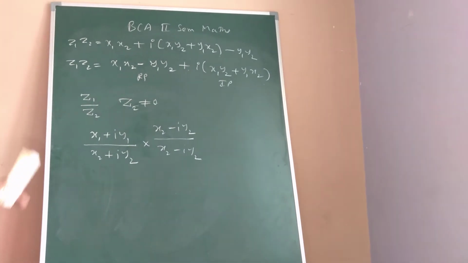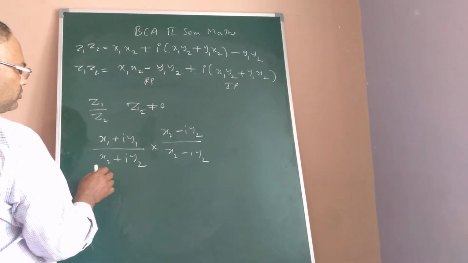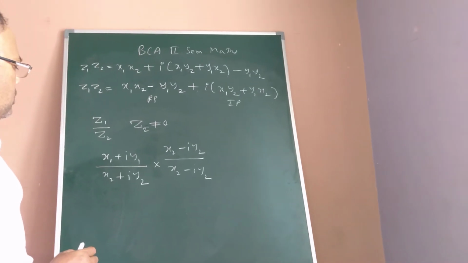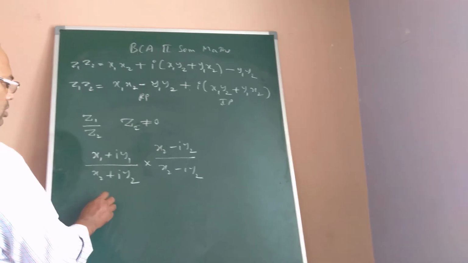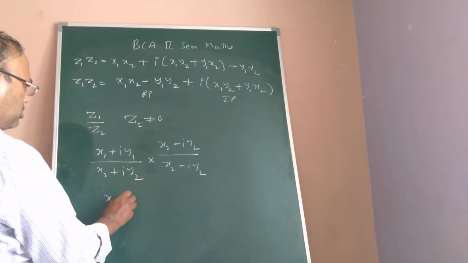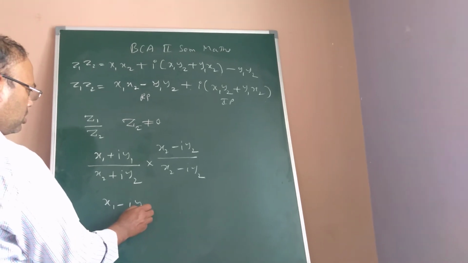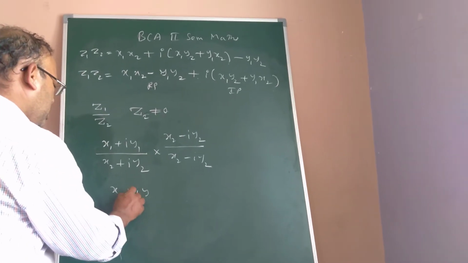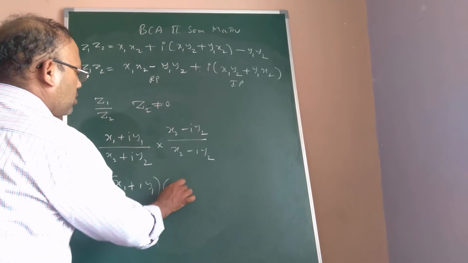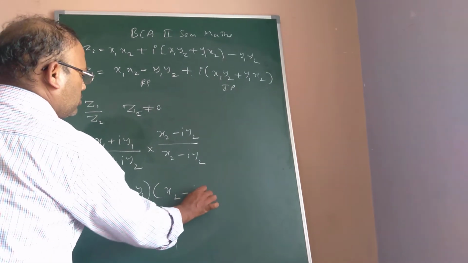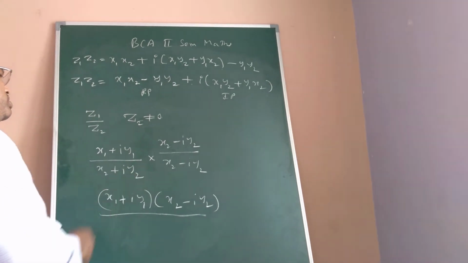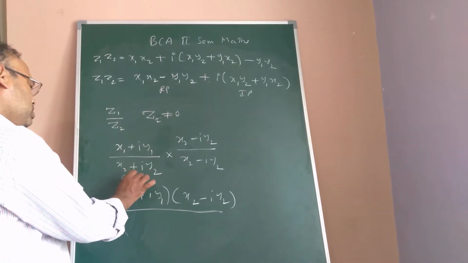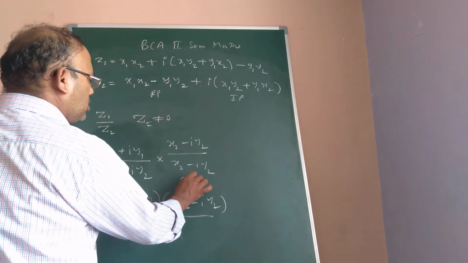Now the numerator is x1 plus iy1 into x2 minus iy2. In the denominator, the terms are the same with opposite positive and negative signs, so it is in the a plus b, a minus b form.